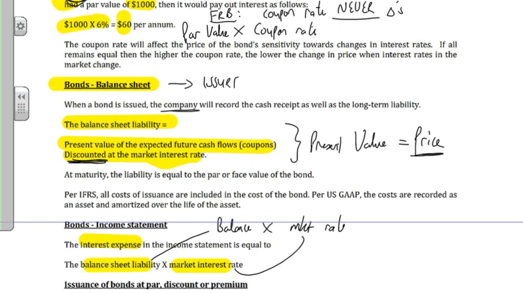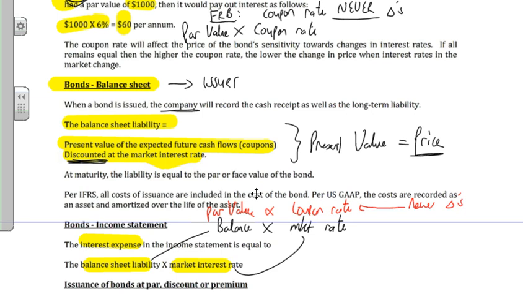How do we compare that to the coupon? I've changed colors over here. When I'm calculating not the interest expense in the income statement, but the coupon, in other words, the amount that actually has to be paid, it's based not upon the balance sheet liability, but upon the par value of the bond times the coupon rate. Coupon rate never changes.